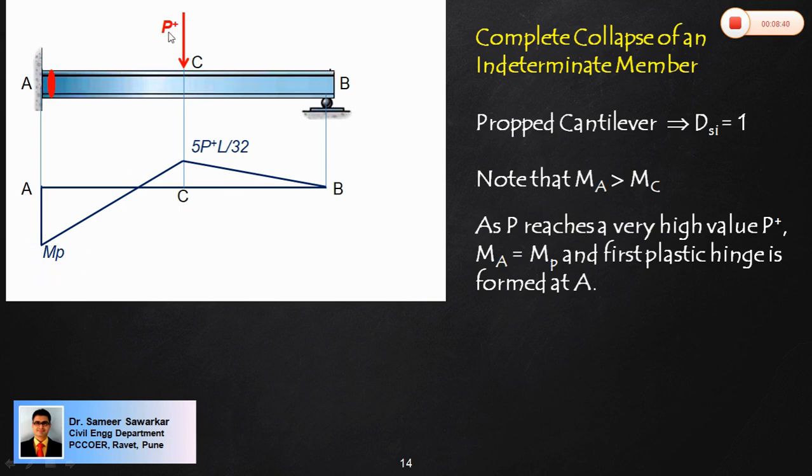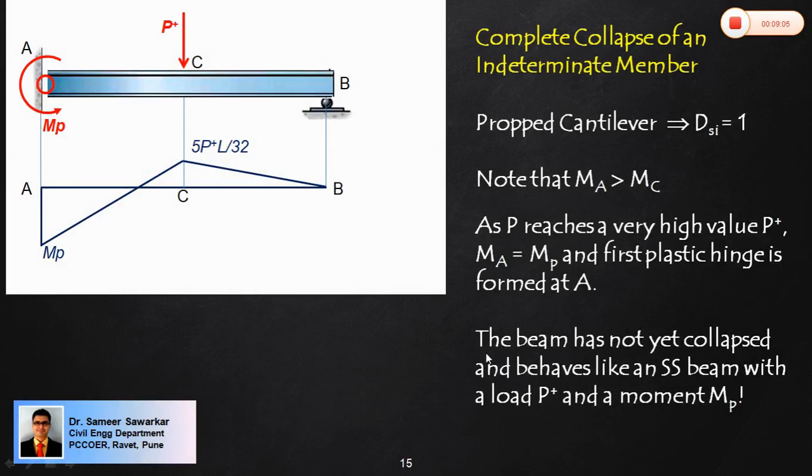As I keep on increasing this load, the bending moment goes on increasing, and at a point we have reached MP and you are observing the first plastic hinge is formed here. First plastic hinge is formed at A. The beam has not yet collapsed because instead of this fixed support, now that we have a plastic hinge here, it is behaving like a hinge support with couple moment MP.